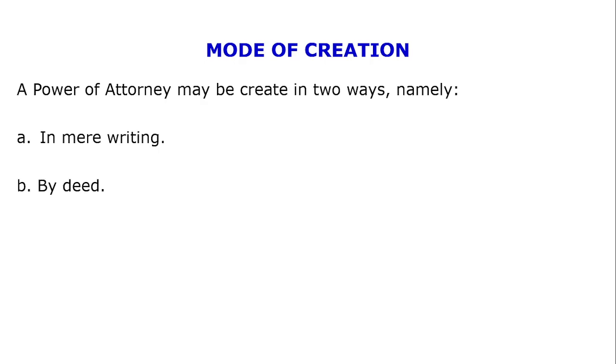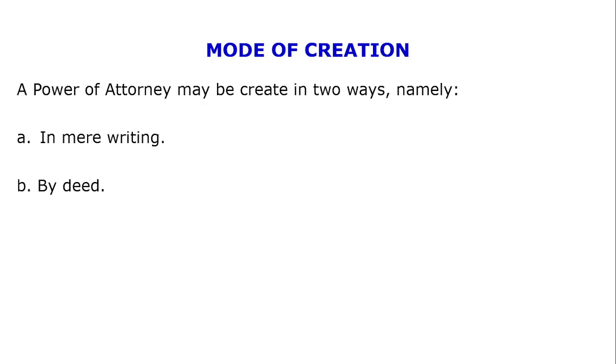What determines whether a power of attorney will be made in mere writing or by deed is the specific act that the donor wants the donee to carry out on his behalf. Remember that if the law requires that an action be done by deed, then the power of attorney authorizing the donee to carry out that act must also be created by deed.